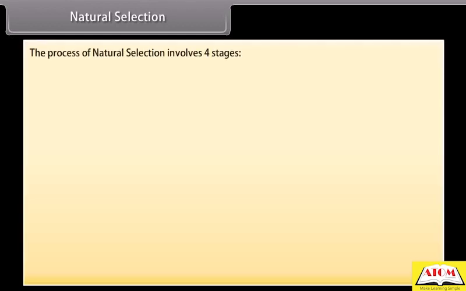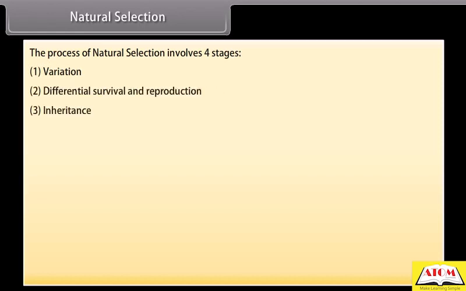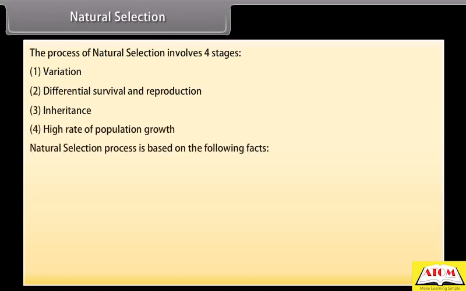Natural selection. The process of natural selection involves four stages: variation, differential survival and reproduction, inheritance, and high rate of population growth. The natural selection process is based on the following facts. Natural resources are limited. Population sizes are stable.